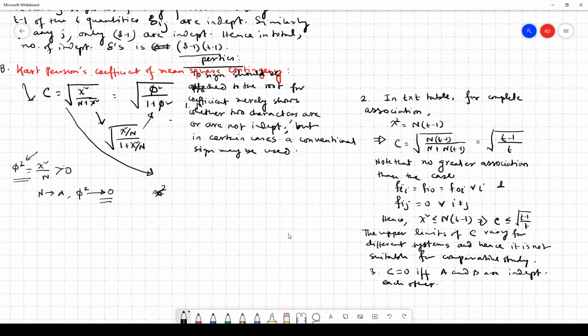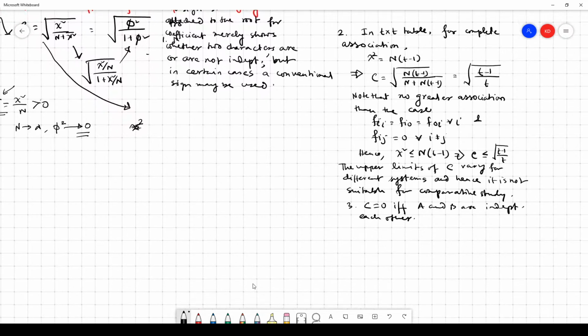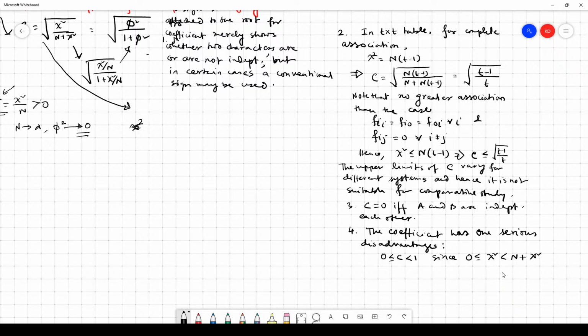And the coefficient, as above, has one serious disadvantage, that is, C should be less than equal to 1, since 0 less than equal to chi square less than equal to n plus chi square. Okay. So the next measure.